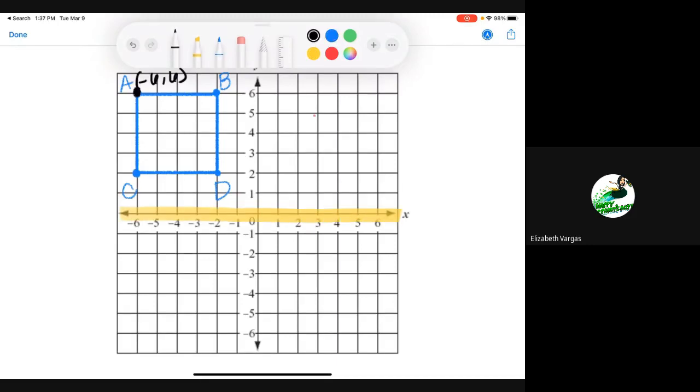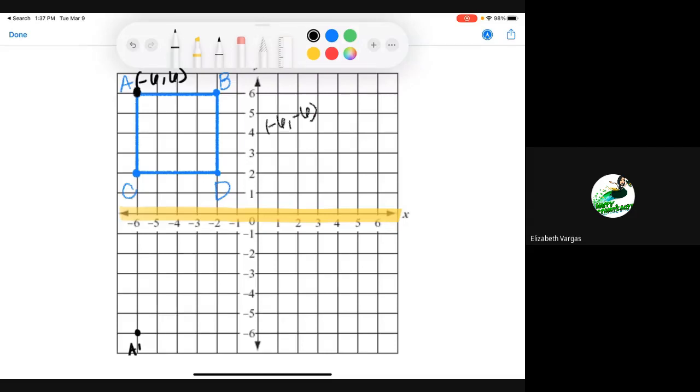Well, what you would have to do is apply the rule for that reflection to each of the coordinates. So, like it said, keep the x the same and negate the y. So now I have -6 and -6. So my resulting coordinate would be located right here. So this would be my A prime.